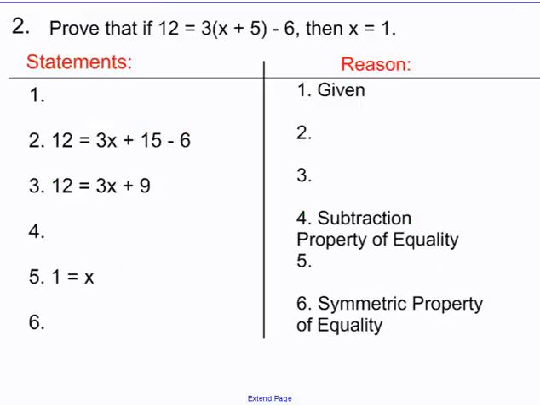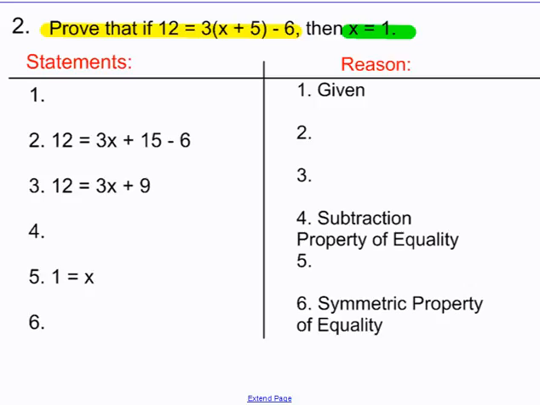When we look at number 2, we're looking at the directions where it says prove that if 12 equals 3 times the quantity of x plus 5 minus 6, then x equals 1. Well, I notice that they say prove that if this, then x equals 1.